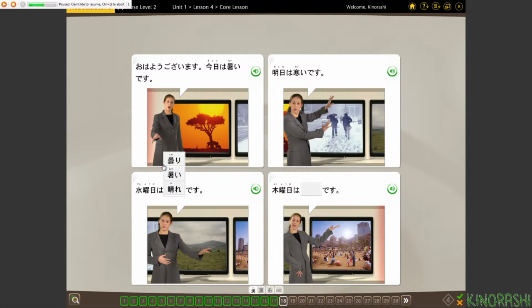I guess you can think of kumori kanji like there's the sun, and then there's this little structure in the middle blocking it like a cloud, aka cloudy.